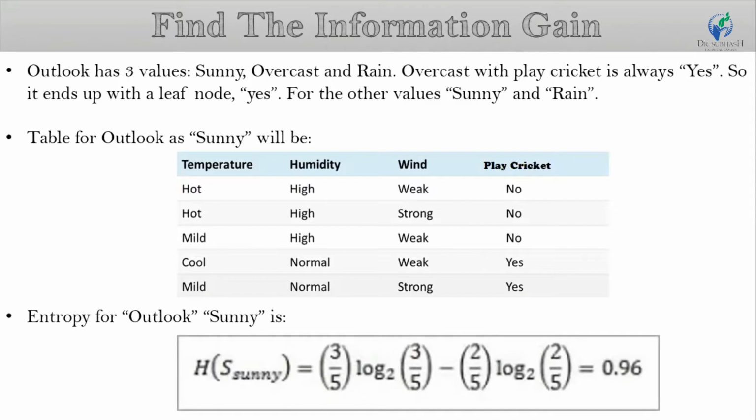Here humidity has two values like high and normal. High occurs 3 times and normal occurs 2 times. So our final answer is 0.96.